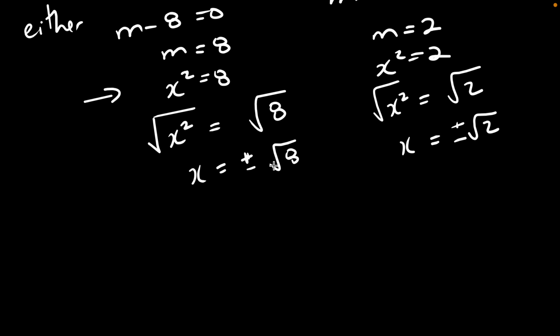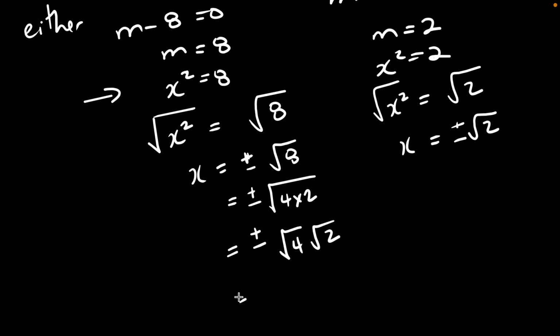And I would say to you, I can simplify root of 8. And again, we're going to get to indices, and we're going to get to roots, surds, and we're going to do this then. But I'll just introduce it now. This would be the same thing as the root of 4 times 2, which is the same thing as the root of 4 times the root of 2, and the root of 4 we know is 2.